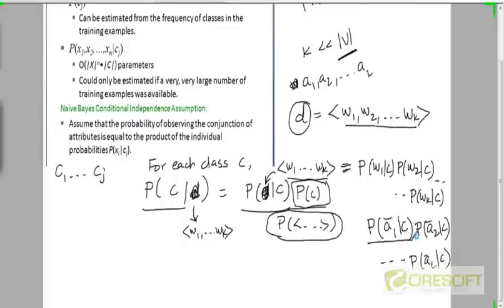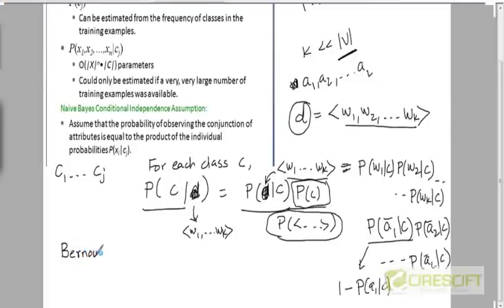So this obviously would be just 1 minus the probability of seeing the word A1 in a random document of class C.